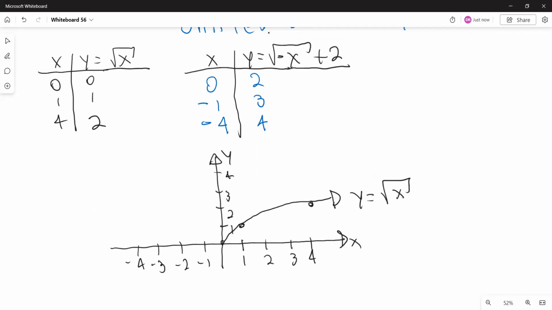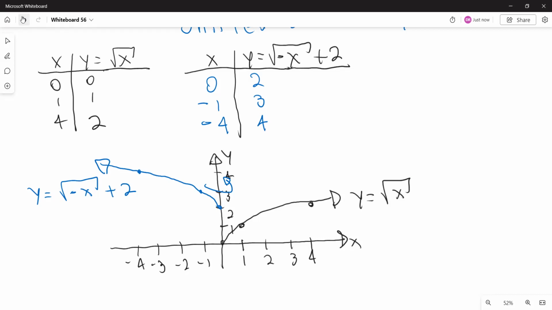And the graph of the square root of the opposite of x plus 2 passes through 0, 2, negative 1, 3, and negative 4, 4. So you can see that the graph has been vertically shifted 2 units up and reflected across the y-axis like this.